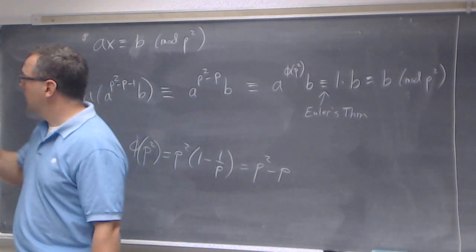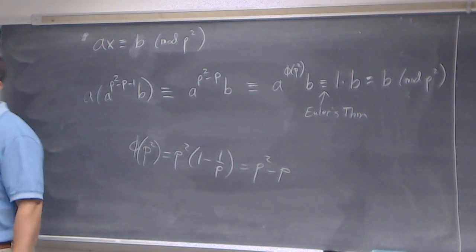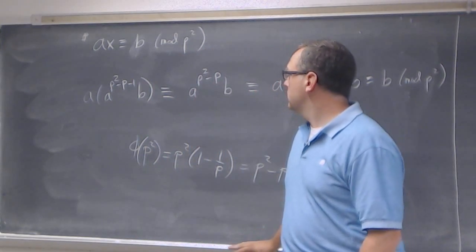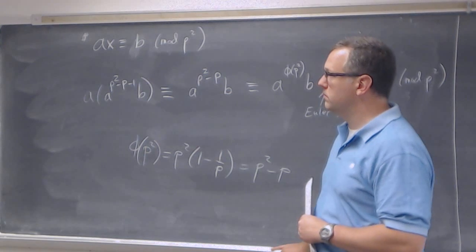That's Euler's theorem, just with the modulus being p squared in this case. Fermat's theorem is a special case of Euler's theorem.